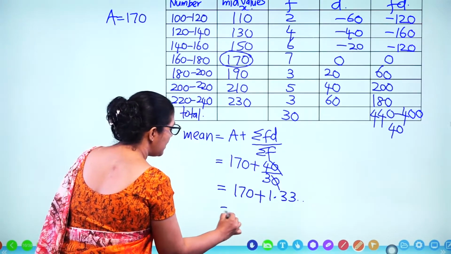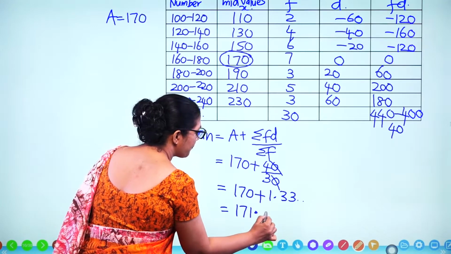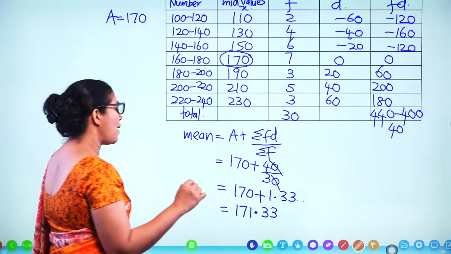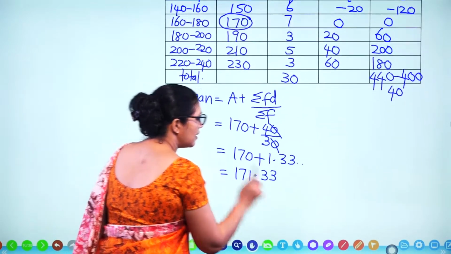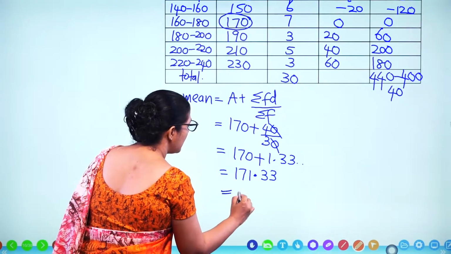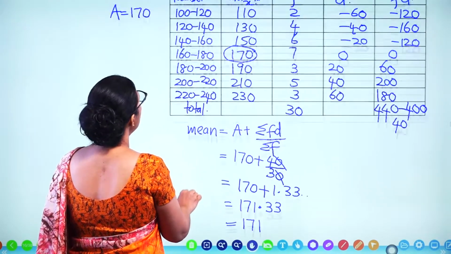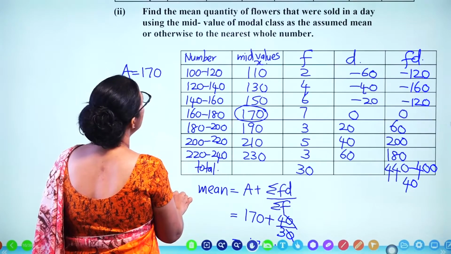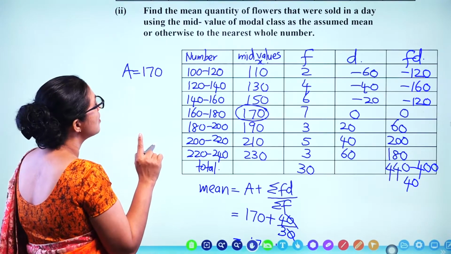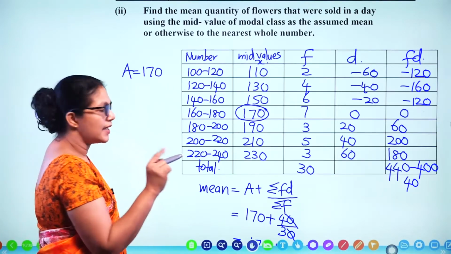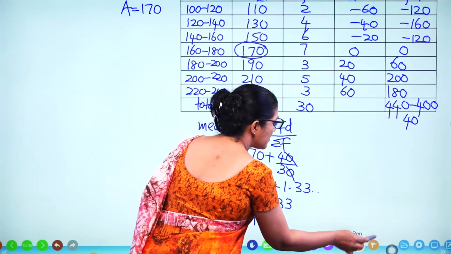But we don't need that because they are asking to round it to the nearest whole number. So 171 is the mean number here. So what's the mean number? This is about the number of flowers sold per day. Number of flowers sold per day. That's 171.